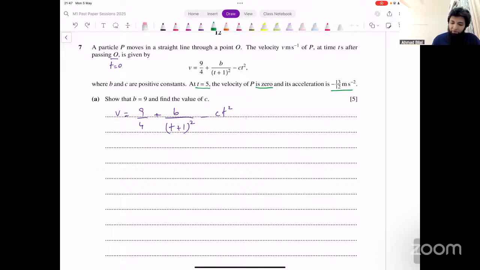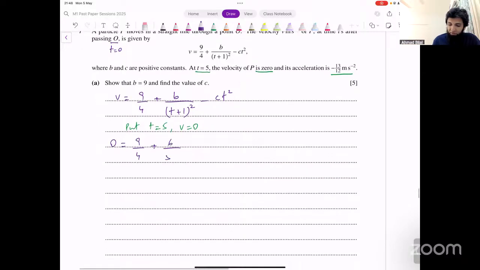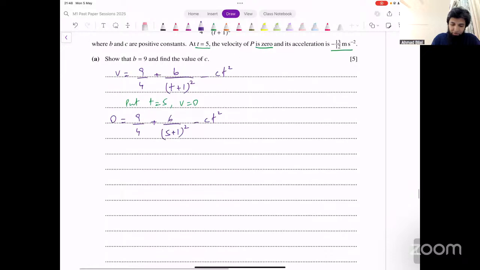We are given that at time equals 5, the velocity value is 0. We can just input that here. 0 equals 9 over 4 plus 6 over (5 plus 1) whole squared minus ct squared.